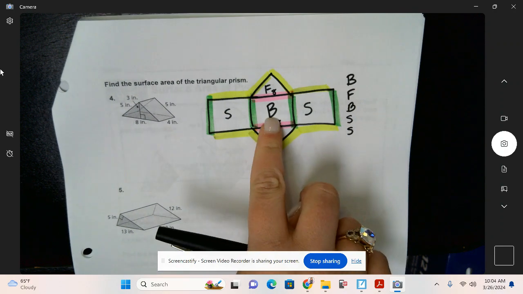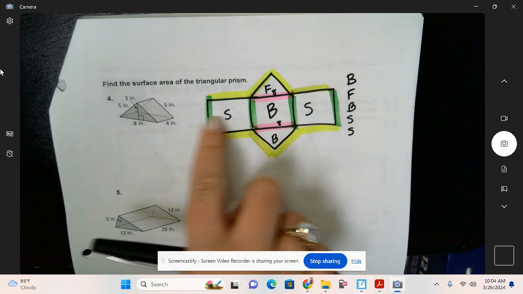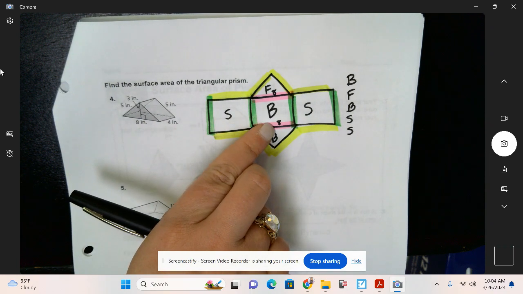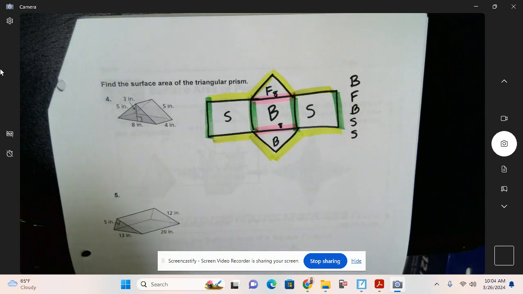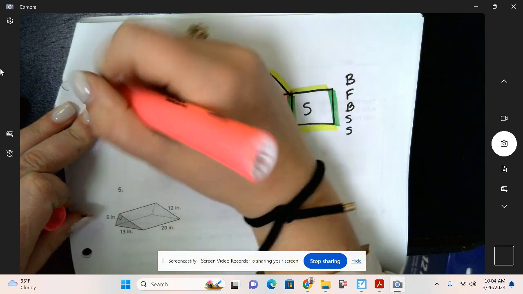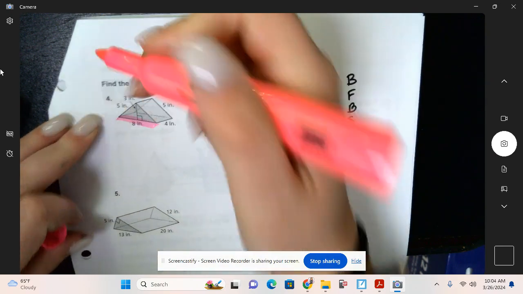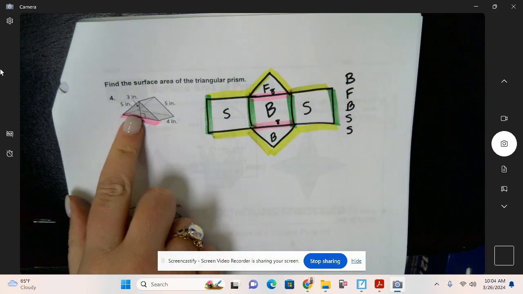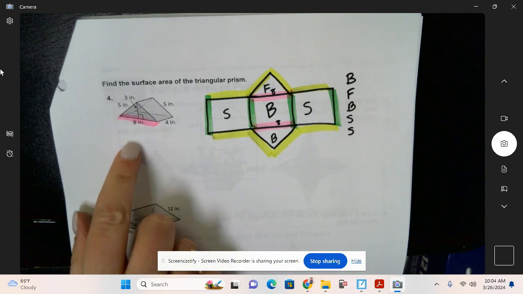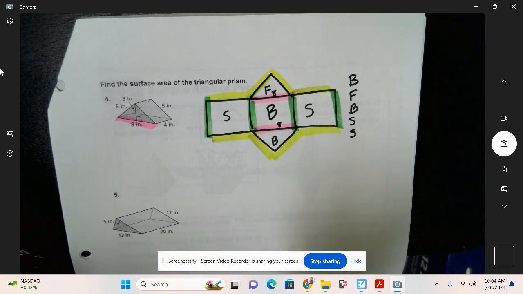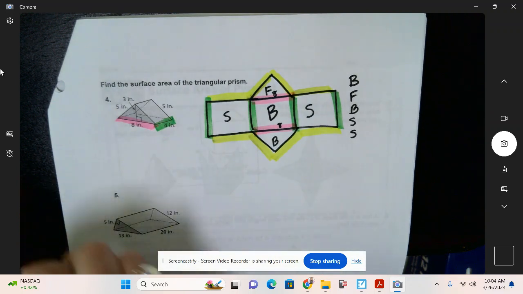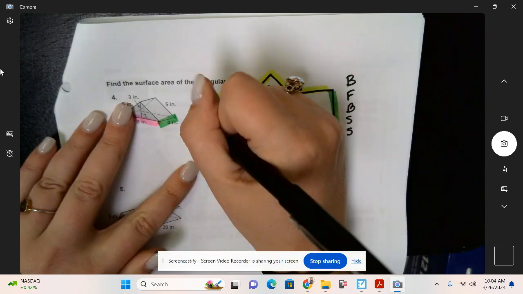So for my bottom, my bottom touches the pink, right? So it's touching 8. What number is also touching the pink line over here? 4. So all my greens are going to be how long? 4.